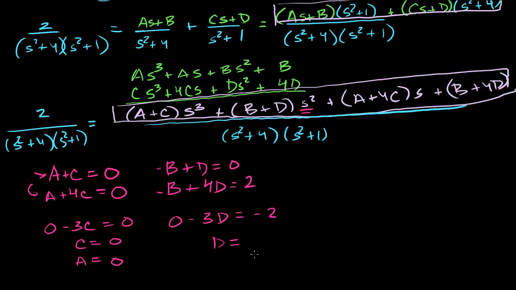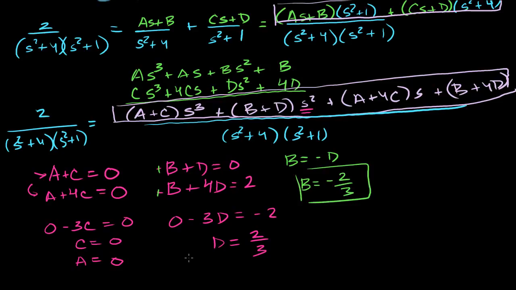D is equal to 2/3. D is equal to 2/3, right? Minus 2 divided by minus 3 is 2/3. And then this isn't a minus here. I wrote that there later. We said b plus d is equal to 0. So b must be the opposite of d, right? We could write b is equal to minus d, or b is equal to minus 2/3.